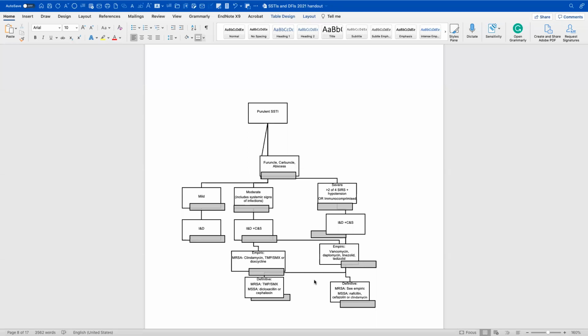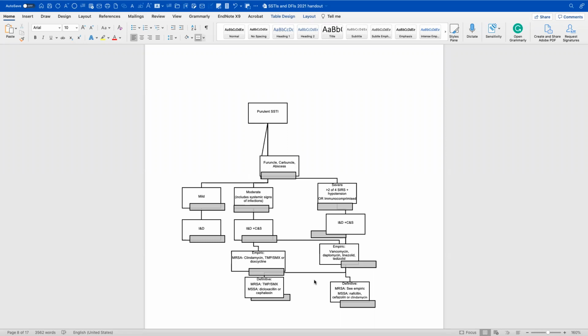So in the event that the presentation is mild, then you can just go ahead and do I&D. In the event that it is moderate, and this includes systemic signs of infection as described, then you can do I&D. You also may want to pull a culture and sensitivity analysis in the event that it is carbuncles or abscesses, as we talked about. For empiric therapy, we can go ahead and do clindamycin, we can do Bactrim, we can do doxycycline, because if that patient is presenting moderately, then we likely want to start with MRSA therapy in the event that that is the case.